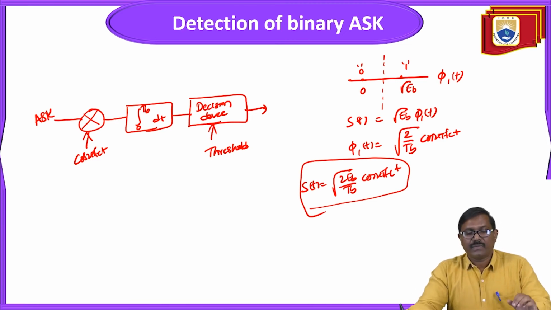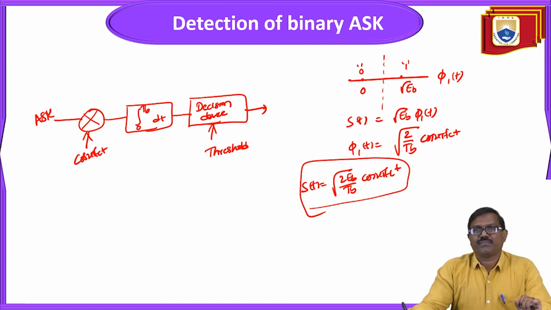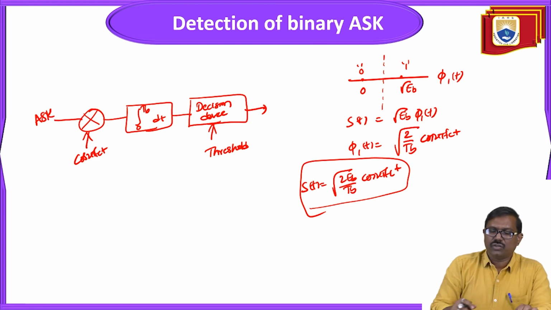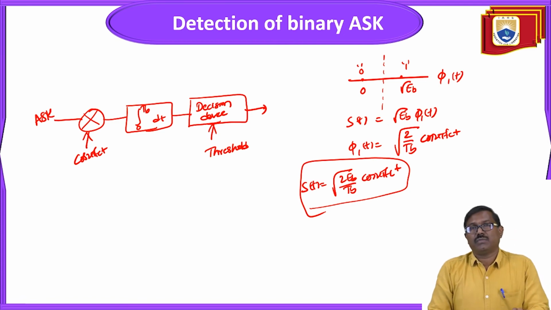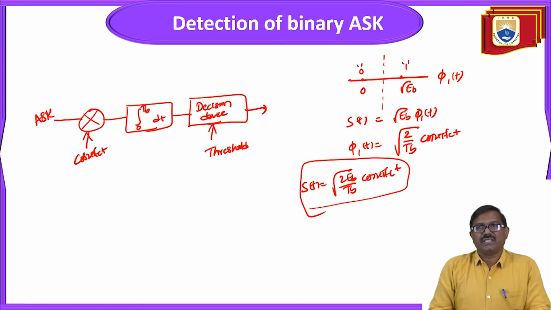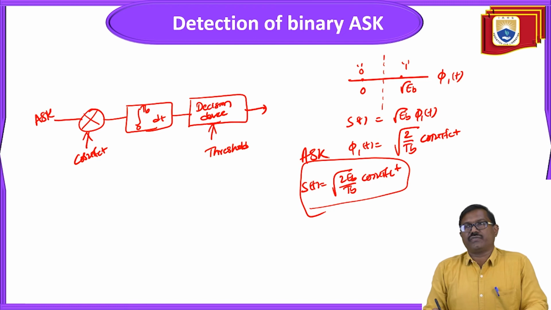Here in the receiver, I am going to receive this s of t, square root of 2 Eb by Tb cos 2 pi fct, which comes with noise. But here I am not showing the noise signal, just taking only the modulated signal, that is nothing but my ASK, amplitude shift keying signal.